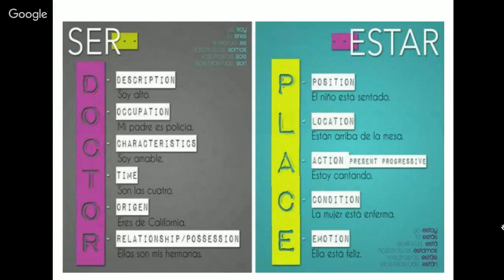Here you can use any country, city, or state. Later we have relationship or possession. Ellas son mis hermanas. They are my sisters. So as you can see, here we spoke mainly about permanent things.